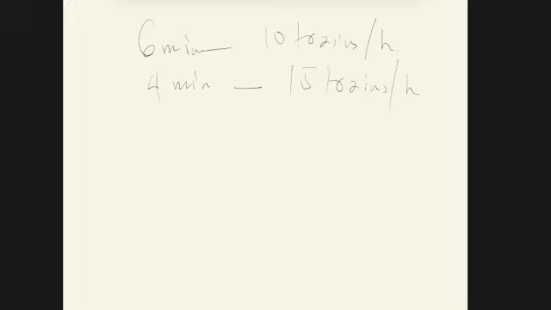That's 5 additional trains per hour. The time between trains is called the headway. And notice something interesting. A difference of only 2 minutes in headway can dramatically change how many trains the system can move.